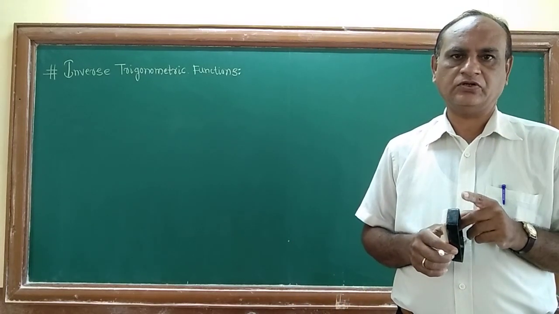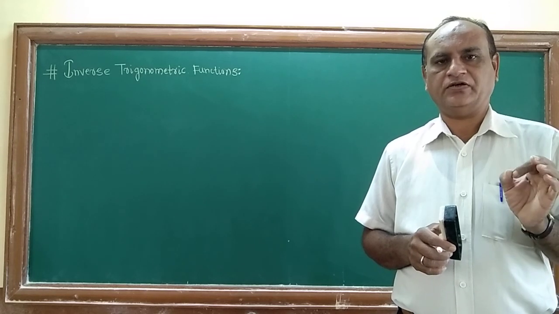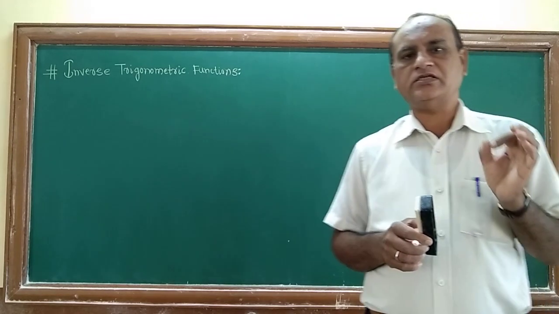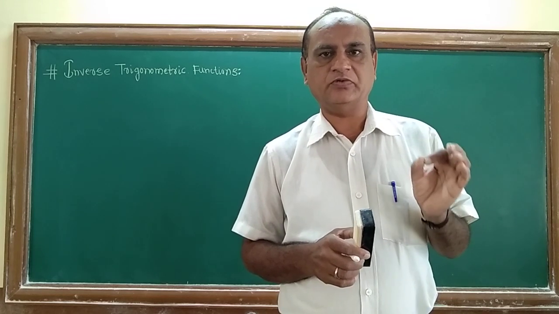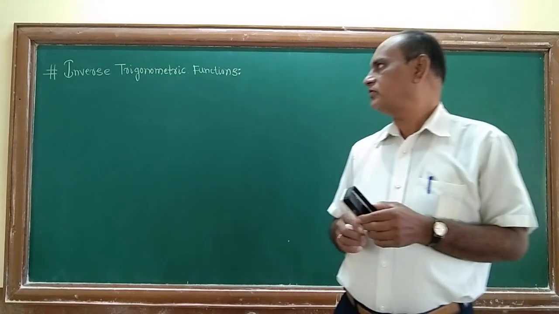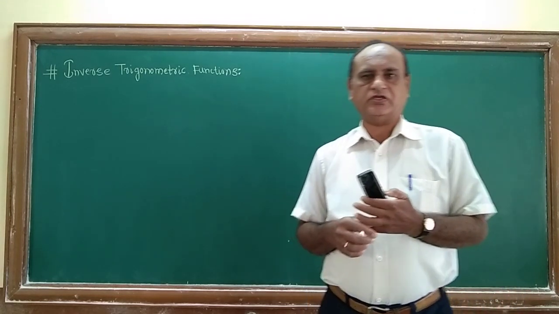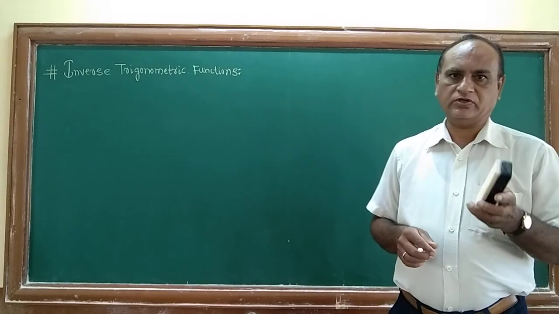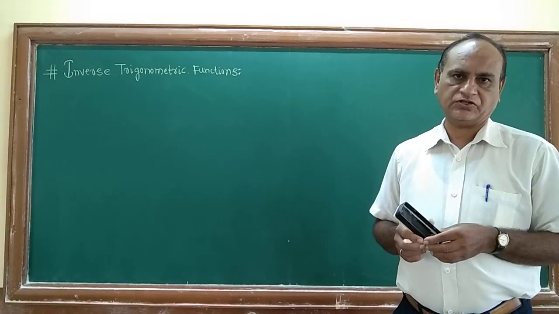In this chapter, only definition and then simple examples for inverse trigonometry functions. So first, there are three important words. First one is inverse, second one trigonometry, third one is the functions.